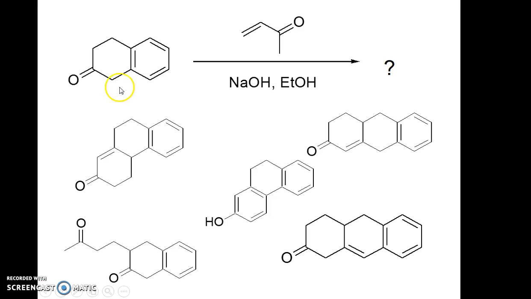This is what we call the Robinson annulation. So where are we going to see that? Right here. You see, this used to be the carbonyl right there. These are those 3 carbons. 1, 2, 3. This carbon right here is this. This is the correct product.